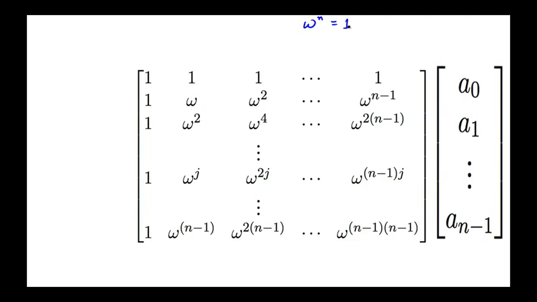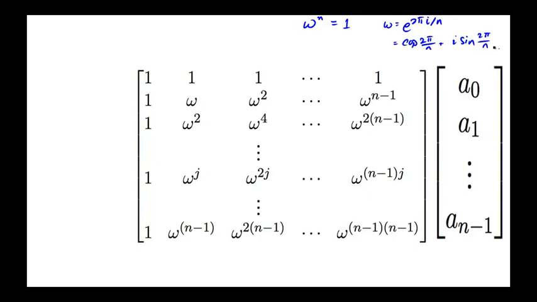And in fact, there are n such roots. So omega is the primitive nth root of unity. So omega is e to the 2 pi i over n, which is cosine of 2 pi by n plus i sine of 2 pi by n. Okay, it's this complex number.